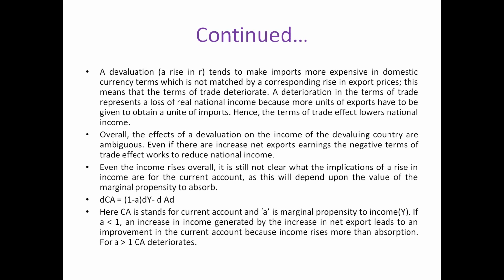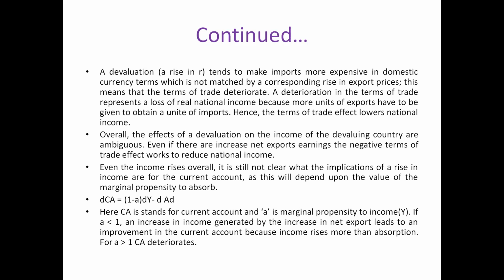Even if income rises overall, it is still not clear what the implications of a rise in income are for the current account, as this will depend upon the value of the marginal propensity to absorb. dCA equal 1 minus A dY minus dAd.